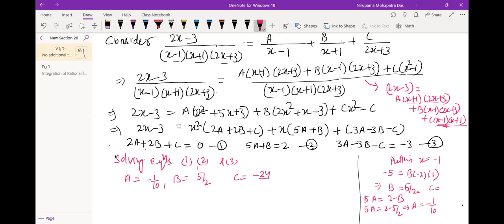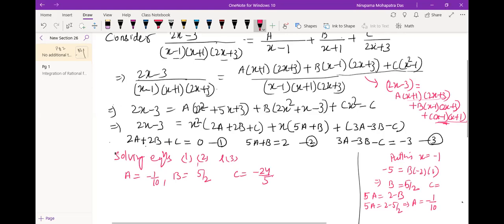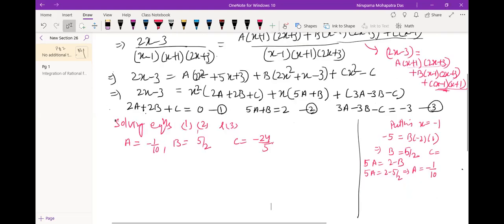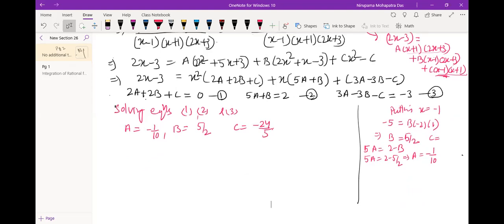After getting A, B, C, this method I told you is a shortcut method. Otherwise, the valid method is to equate the coefficients. Then you get these equations, and you can solve them just like linear equations in 3 variables, so you can get A, B, C. For the sake of saving time, I am telling you.